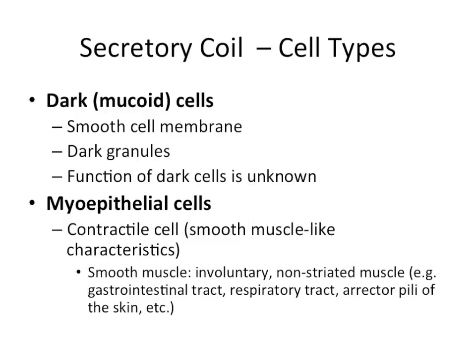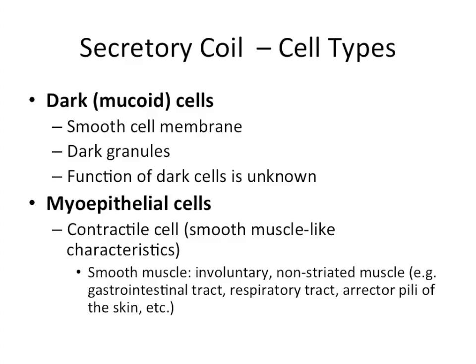So the dark mucoid cells have a smooth cell membrane. They have dark granules in them, but their function is actually unknown. The myoepithelial cells, these are contractile cells. They have smooth muscle-like characteristics. So when we think of smooth muscle, these are like involuntary type movements. This is non-striated muscle.